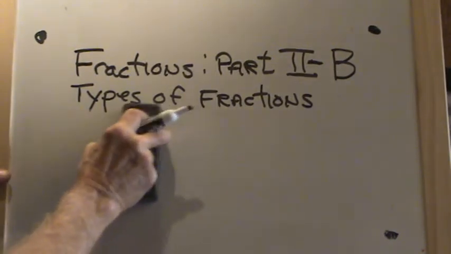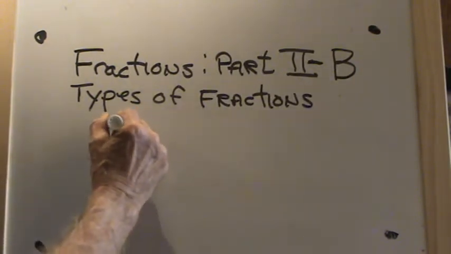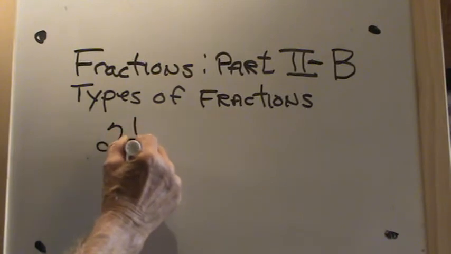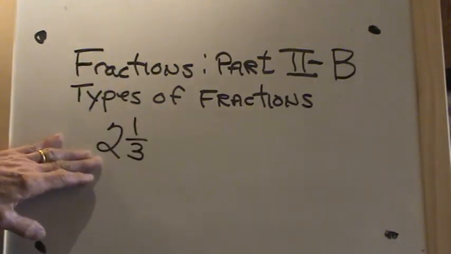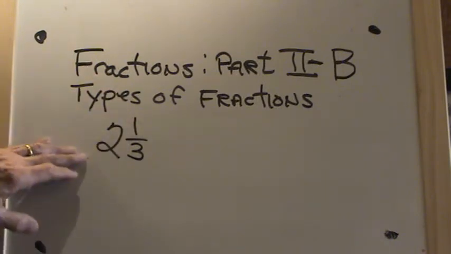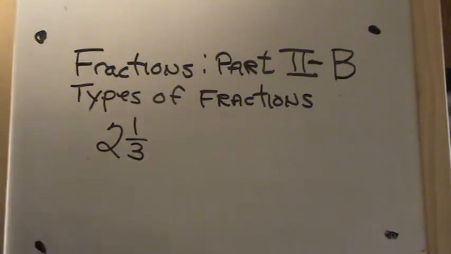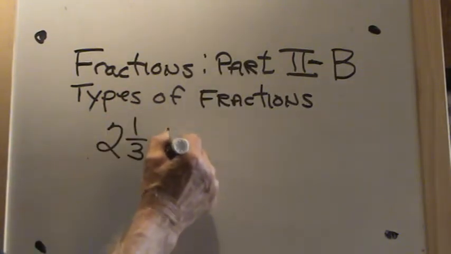Let's take a look here. How about this? 2 and 1/3. Well, I have the whole number 2, and then I have the proper fraction 1/3. And if I wanted to draw that, I would say, well, I know there are 3 pieces in 1 whole. So this is 1 whole.